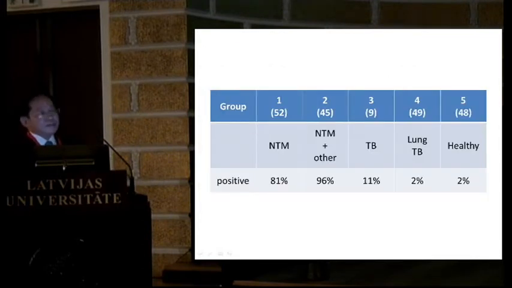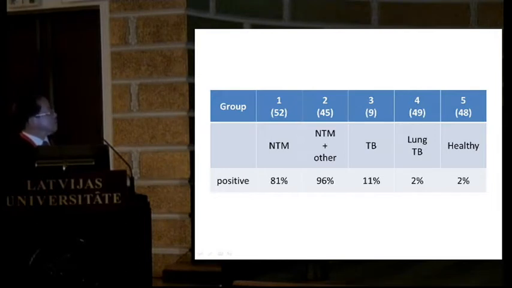Now, for these about 200 patients, that paper did find anti-interferon gamma autoantibodies in the disseminated form of NTM, about 80%. If you have second infections, in other words, disseminated NTM and another infection, almost 100%.